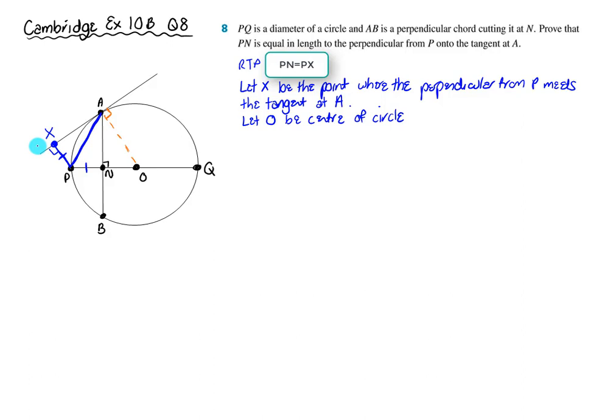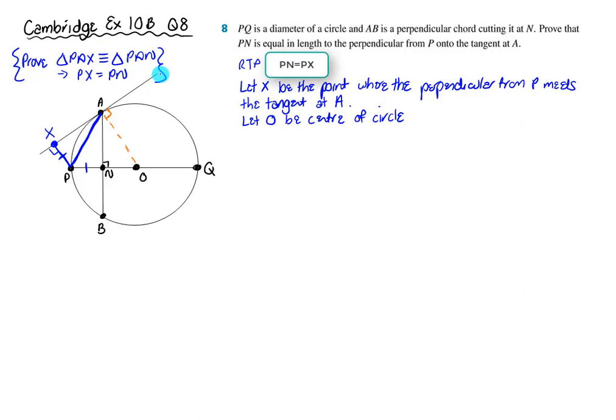So what you're trying to do here is think about what is your end goal? Where do you have to end up? So I'd be thinking that what I need to do is prove triangle PAX is congruent to triangle PAN. If I do that, then that leads to PX equaling PN. Okay, so we need a strategy to start off with.